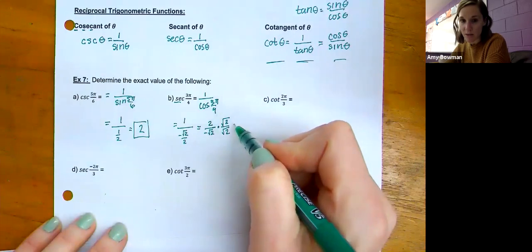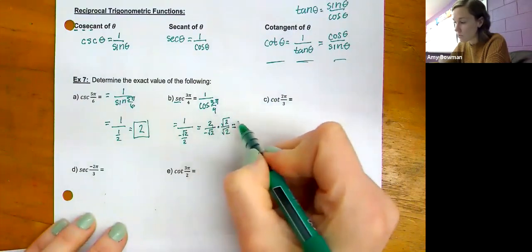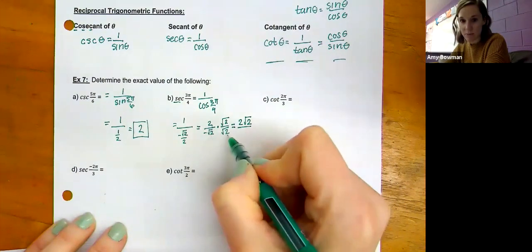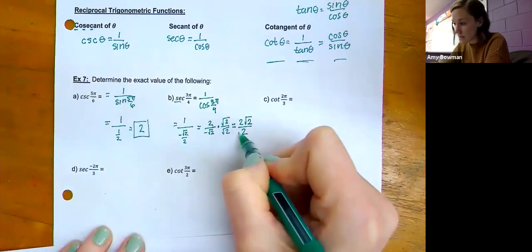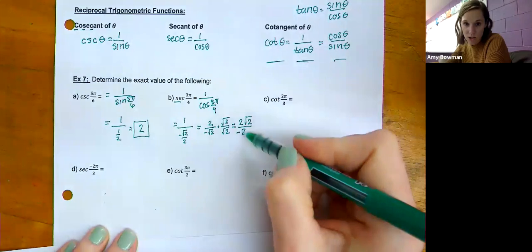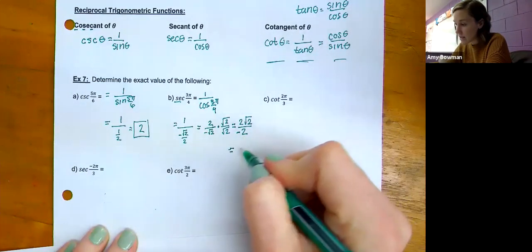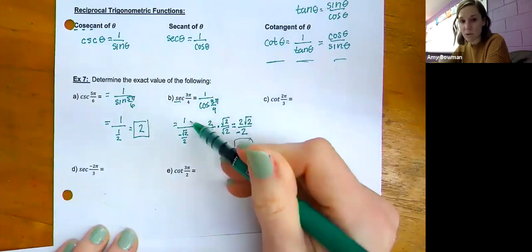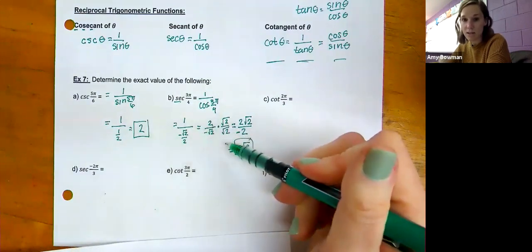So that's going to allow me to write my final answer as 2 times the square root of 2 over the square root of 2 times the square root of 2, which again just turns into 2, and that's negative. And now I actually have 2 divided by negative 2, so this actually simplifies to just the negative square root of 2. So you definitely need to be comfortable with complex fractions and rationalizing the denominator.